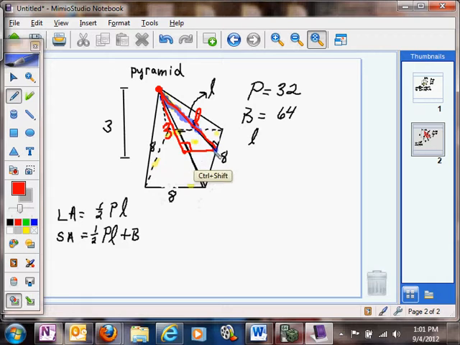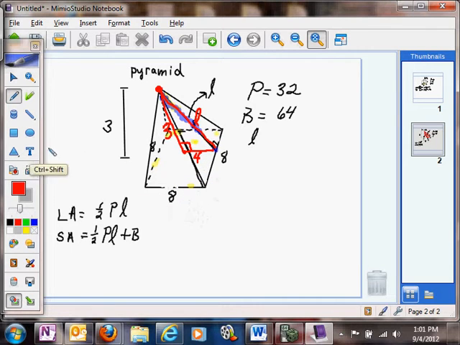Now, if this piece of the triangle goes from the side to the center, then it's half of this piece right here. And if this piece is 8, then this piece over here is 4.